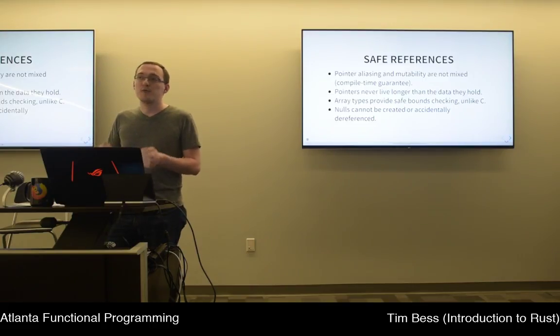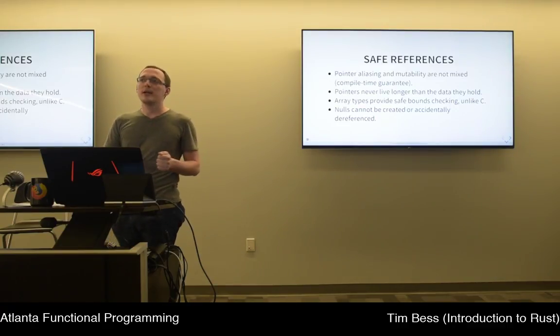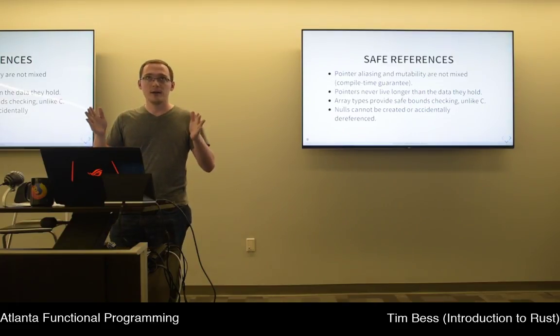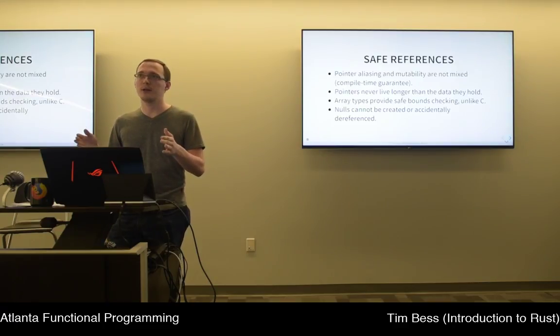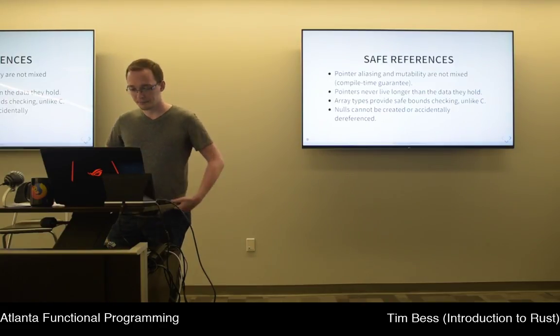So Rust actually forces you to either alias or mutate, but not both. At any given moment, you can have many immutable references to a memory region, or one mutable reference. You can't have both. It doesn't allow you to do that.